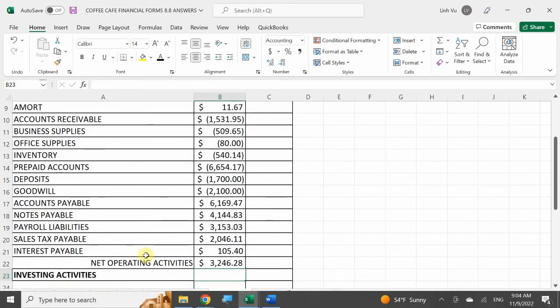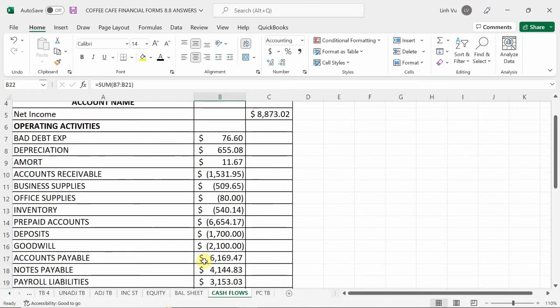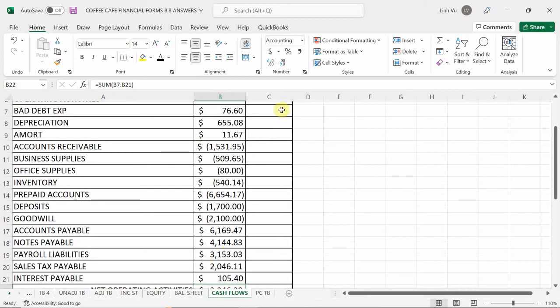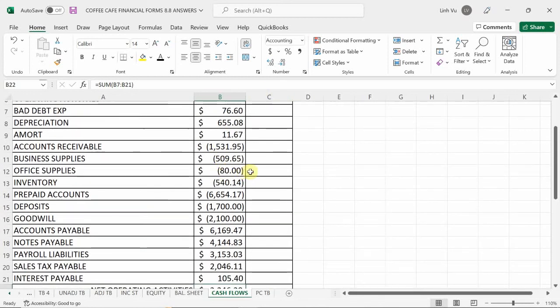What was that? So remember, we're not including net income, okay? So we don't include the net income? Not yet, we'll do that in a second. Okay, so I gotta minus that out.